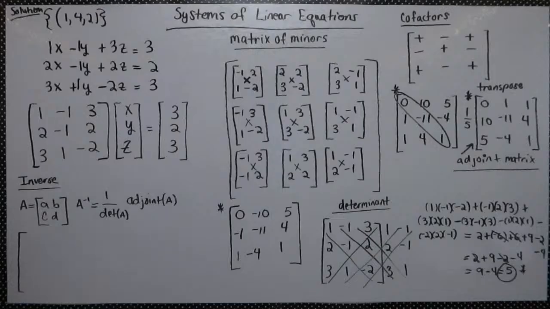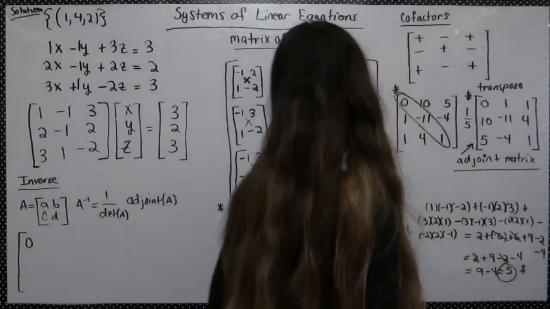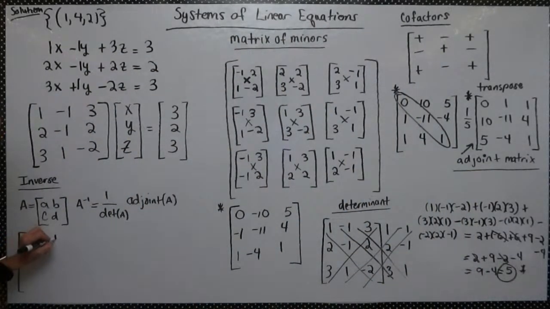So 0 times 1/5 is 0. 1/5 times 1 is 1/5, and we have 2 of those entries. And then 10 times 1/5 is 2, 10 divided by 5 is 2. And then this is -11/5.